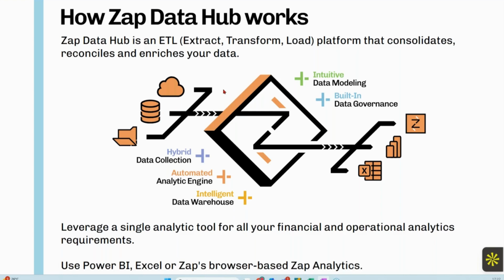So we transform all of this data into a centralized data warehouse, into a centralized governed data model where the data is structured and ready to be consumed in whatever the solution works best for you and your users. So you can consume this data using ZAP, which is the solution that I will show you today.